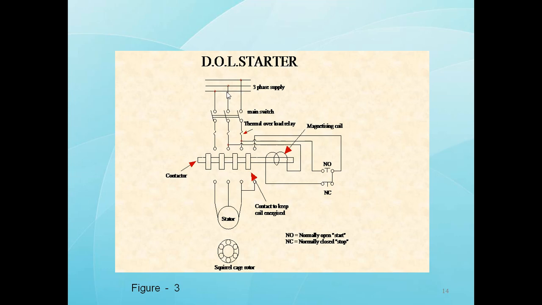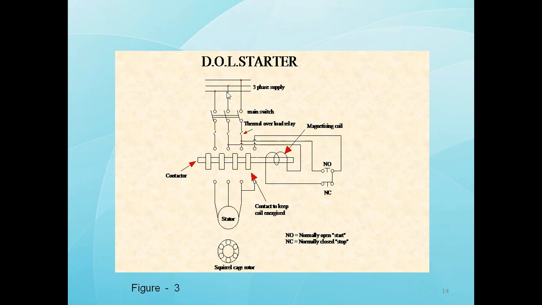Suppose the motor is running and you want to stop. When you press the off button, the coil gets demagnetized and the main contacts are open. If the supply fails or line voltage drops below a certain value, the main contacts open, and this is called under voltage or no voltage protection.